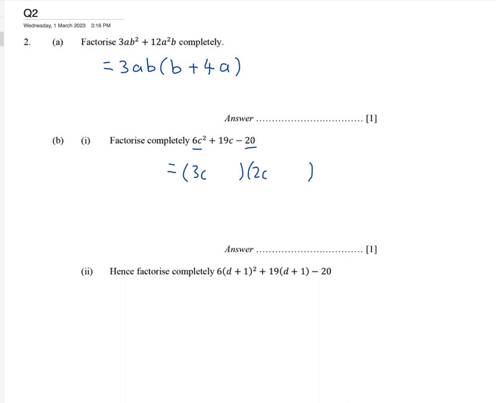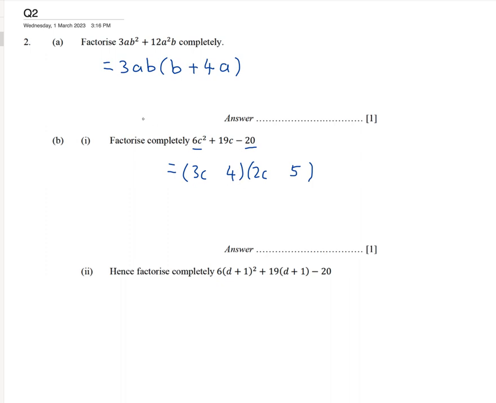Now, what we have left is to look at the factors of 20, which is 4 times 5. Now, if we put a 4 here and a 5 here, then we need to check the middle term. In the middle term, we have an 8c and a 15c. Now, 8c and 15c will not give us a 19c. So therefore this is wrong.